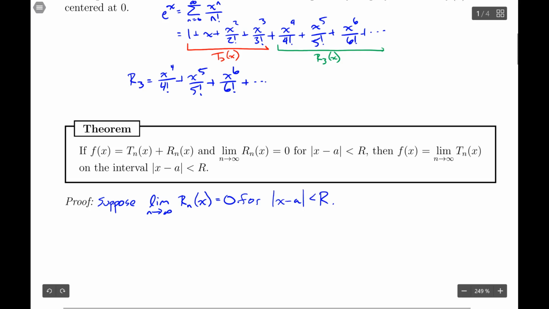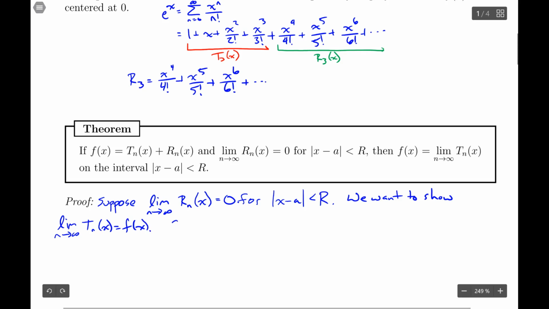So we are actually using this as an assumption. We want to show that the limit as n approaches infinity of t sub n of x is f of x.